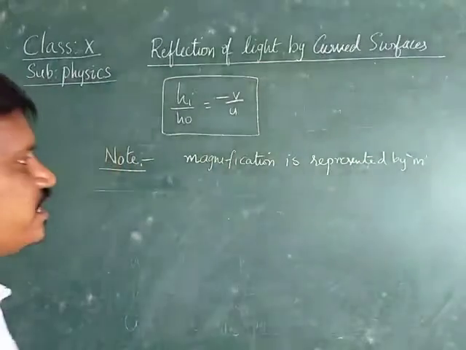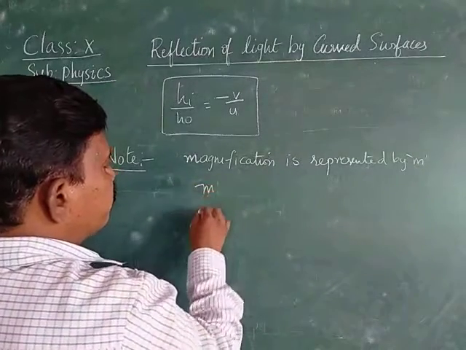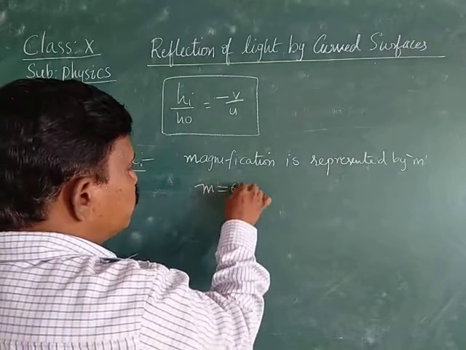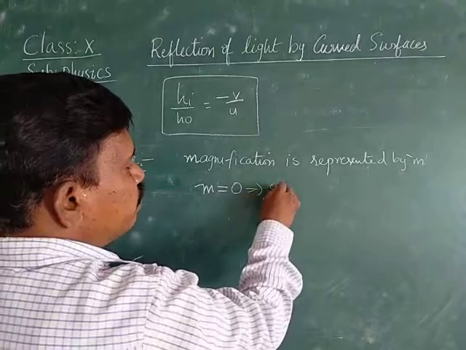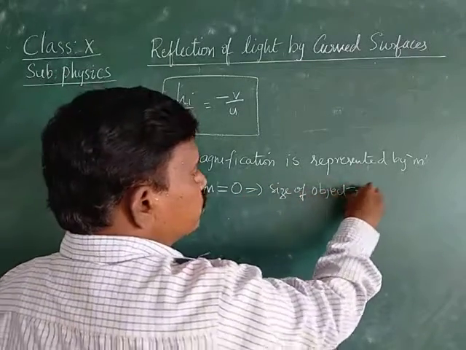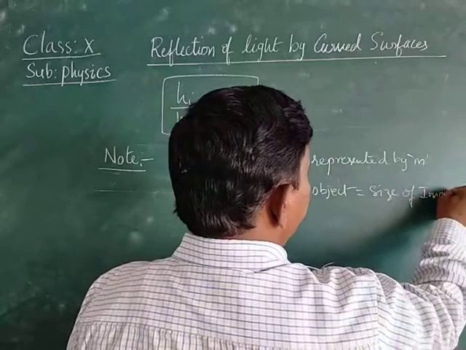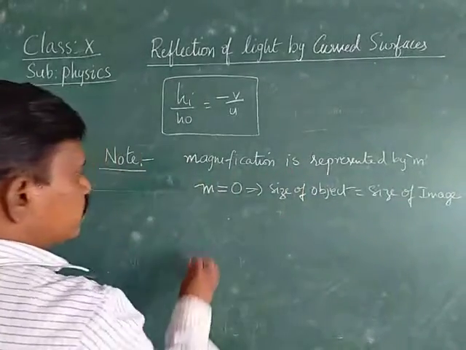If m is equal to 1, then the size of the object is equal to the size of the image.